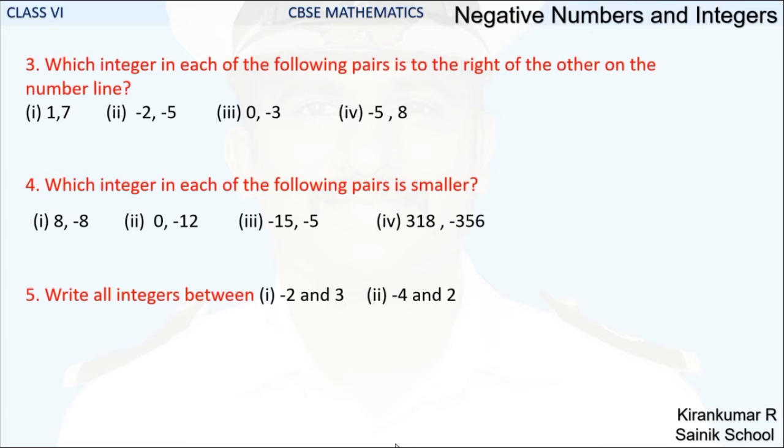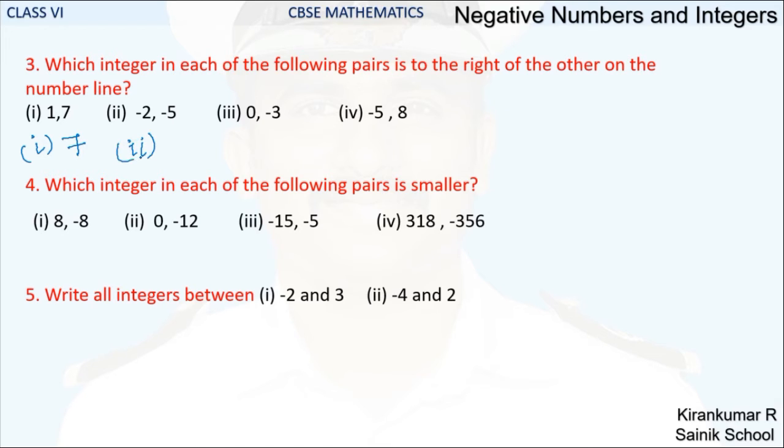Third one, which integer in each of the following pairs is to the right of the other on the number line? Here, 1 and minus 7, the number which is present to the right is 1.